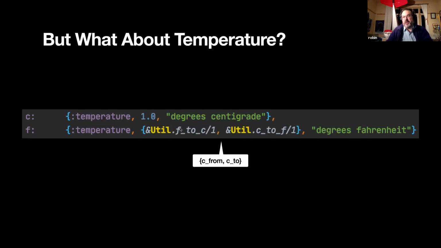Then we just have a little tuple of functions, where this one is the one that will translate to the home unit. We'll take a Fahrenheit value to Celsius, and this one will take a Celsius value back out to Fahrenheit. And those are functions that are too boring to actually show you. But that's how our little lookup table can cope with those sorts of things.